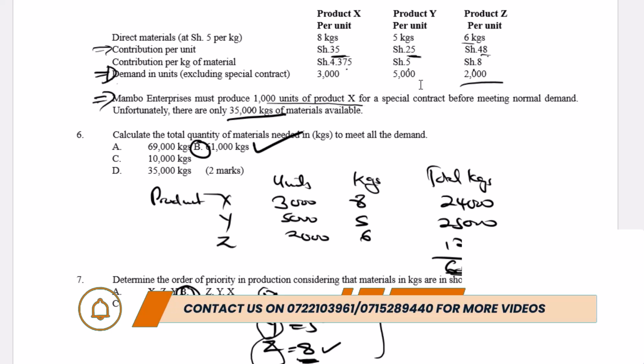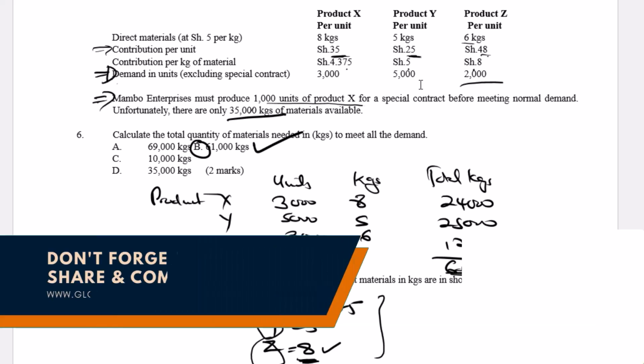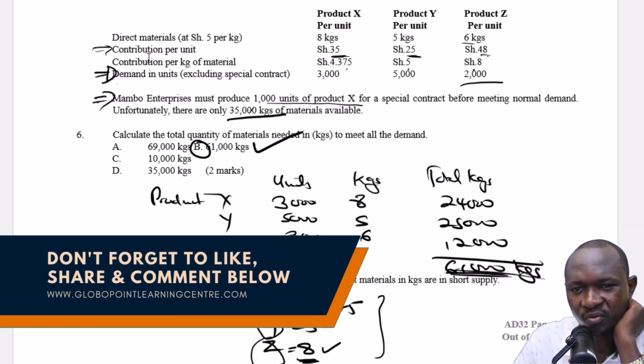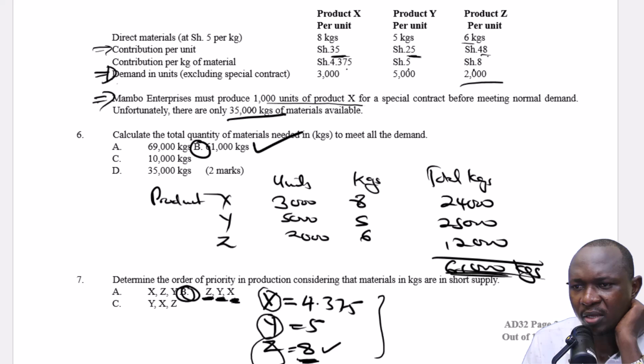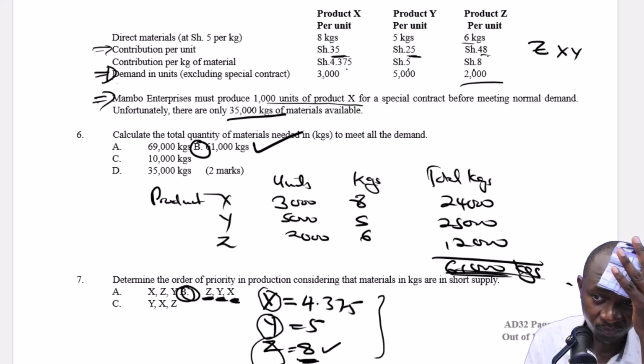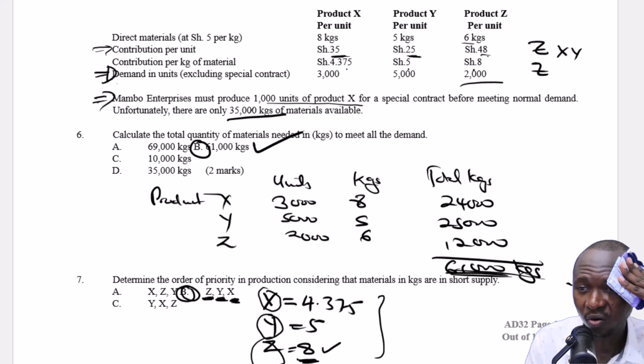If we go by contribution per unit, Z will come first, followed by X, followed by Y. But if you go with contribution per kg of material, Z will come first, followed by Y, followed by X.